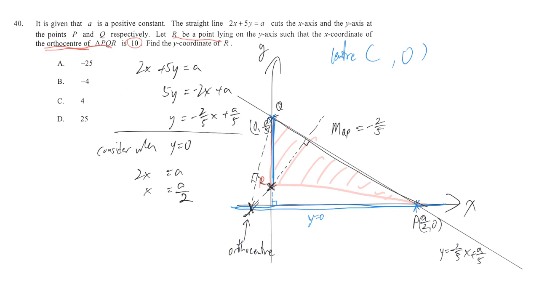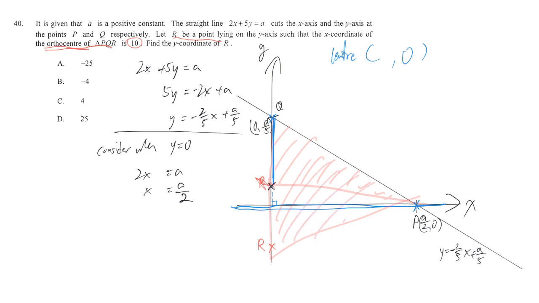So this is not a very accurate drawing. The correct drawing is R is not there. R should be below the x-axis, such that our triangle is like this. And then if we connect a line to QP, then our point here, we know this is 10, 0.